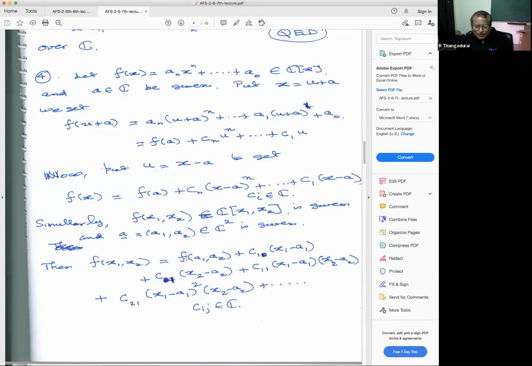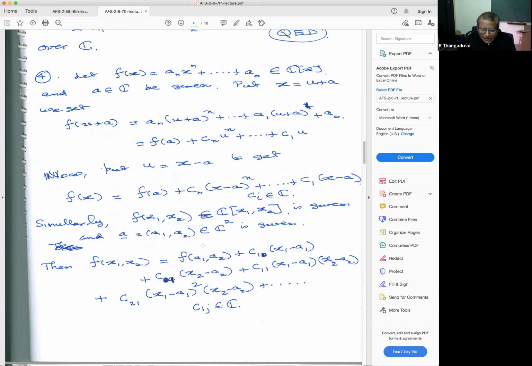Then the first term is f evaluated at the given point a1, a2, and the rest of the terms, x1 minus a1, x2 minus a2, all the combinations and powers, will be there as a linear combination. The same way the one variable case came, the same holds for two variables and n variables.